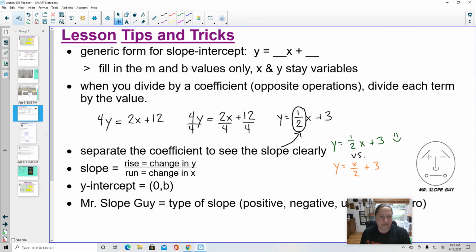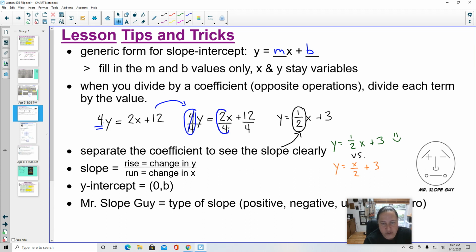Okay, so lesson tips and tricks. The generic form for slope-intercept, you are going to fill in the y equals mx plus b. You are leaving the x and the y as variables. Okay? When you divide by a coefficient, opposite operations, divide each term by the value. So here, when I move from this first one to the second one, and I'm trying to get rid of this 4 that is currently multiplied by the y, I am going to divide 4y by 4.